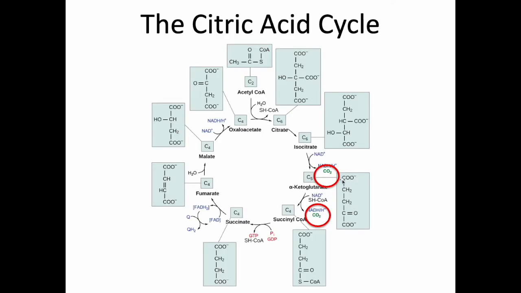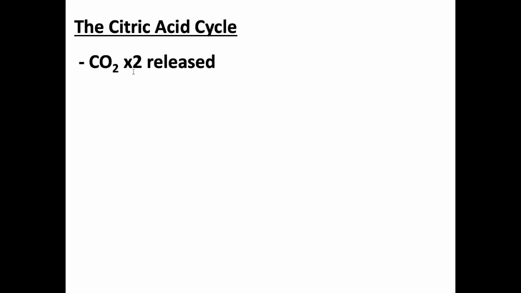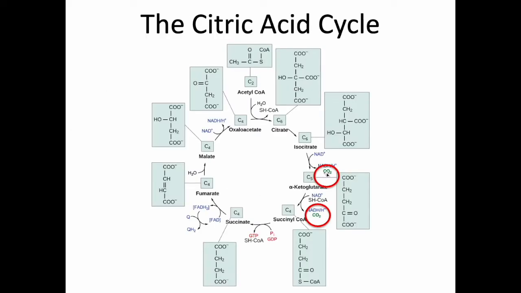Now, a couple of CO2 are released. Again, these are the 2 carbons from the acetyl group we started with. CO2 times 2 is released for each acetyl-CoA that comes into this. If you're keeping track of this, this is the end of the carbon. All the carbon we started with has finally been released into CO2. We started with 6 carbons.